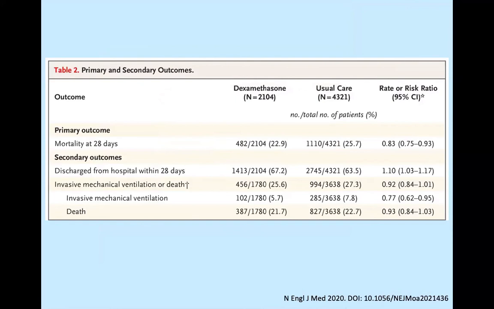And what we saw was a reduction in mortality from 25 to 22%, 23%. And in terms of the secondary outcomes, a reduction in invasive mechanical ventilation or death, and both invasive mechanical ventilation and death were reduced.